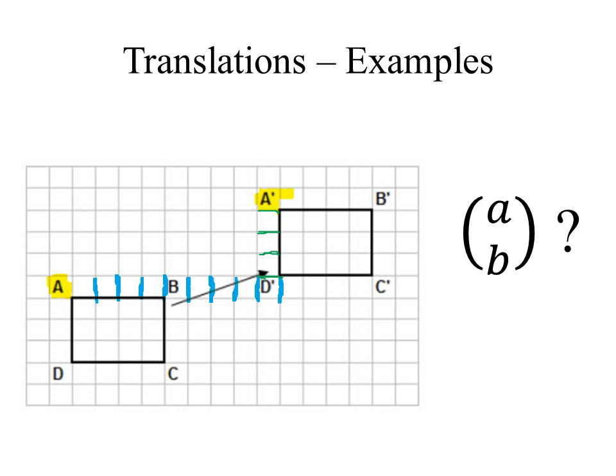You do not have to worry about every single point, because in a translation, remember, every point is moving in the same direction, going the same distance. So, let's look at point A.